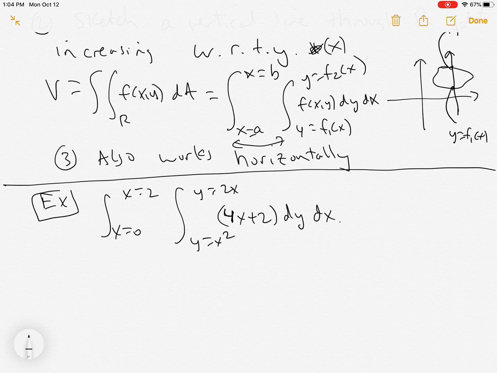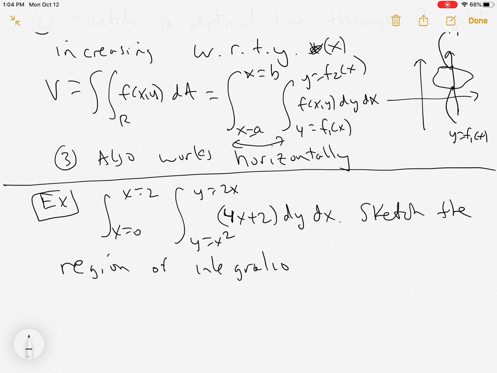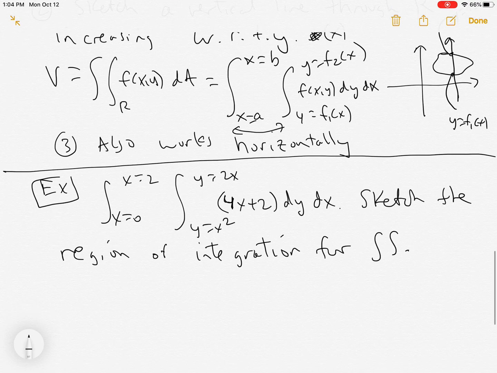And you'd be asked to sketch the region of integration for this integral. Then write it in reverse. And then integrate.